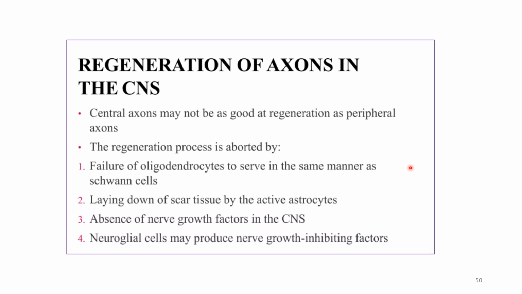What are the changes in the distal part of the injury, that is called Wallerian degeneration, what are the changes in the proximal part of the injury, and what are the changes in the cell body. What are the degenerative changes and what are the regenerative changes in all these parts, what is the role of Schwann cells, and what is the role of macrophages.